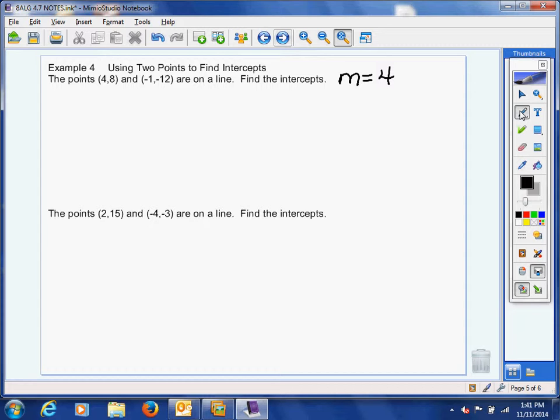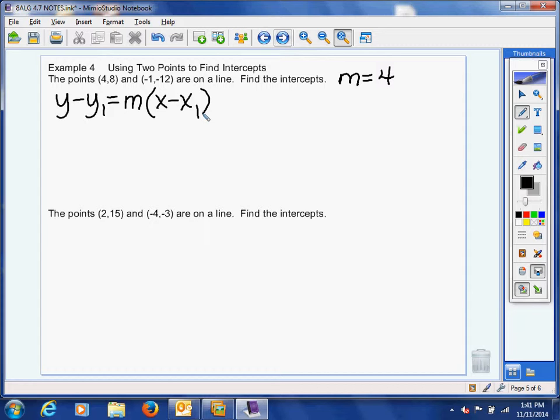But with the information given, I can definitely plug into point slope form, and I'm making that decision based on what I know. I know 2 points, I know the slope, so I can plug into point slope form. I don't need both points, I just need one of them.